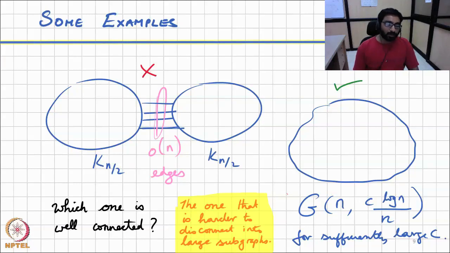If you look at the graph on the left, removing a few edges will not disconnect the graph. So you really need to remove all the edges in the middle before you can disconnect the graph. So there's this subtlety here wherein even though it's easy to disconnect the graph on the right, it's still considered well connected because it's hard to disconnect the graph so that the two subgraphs are large.